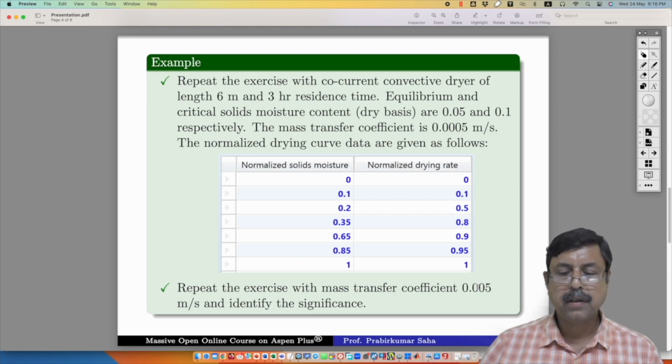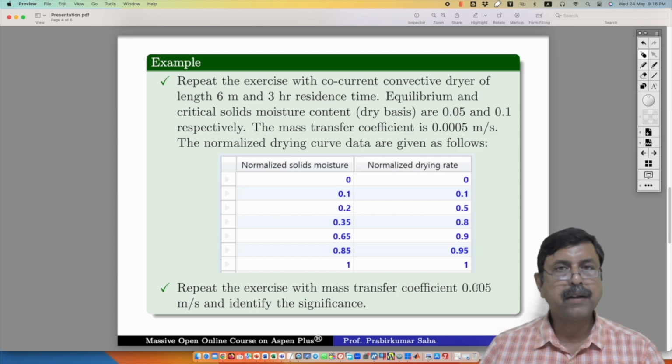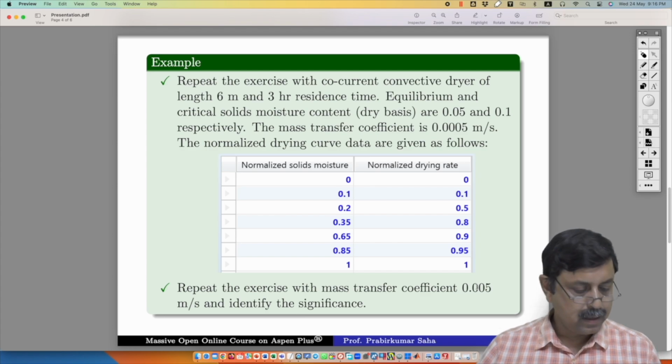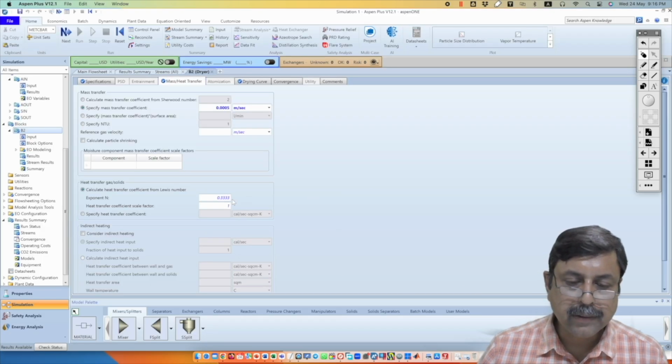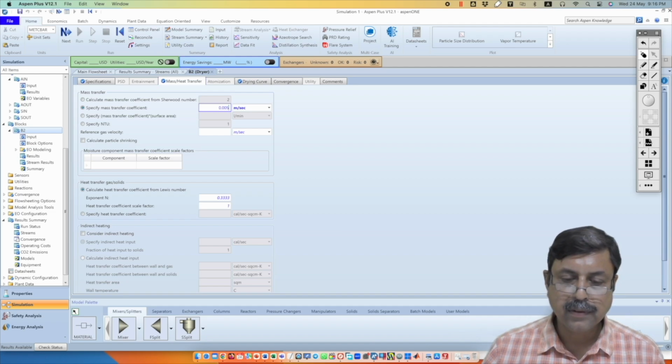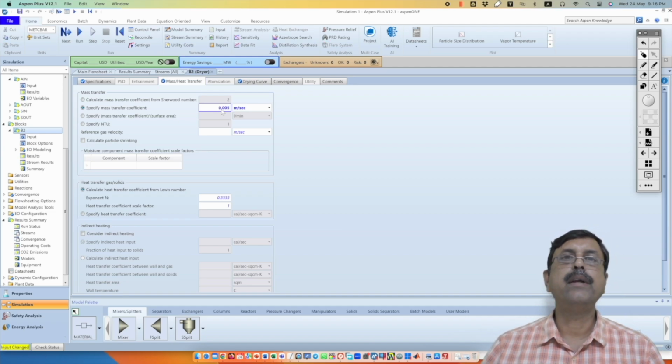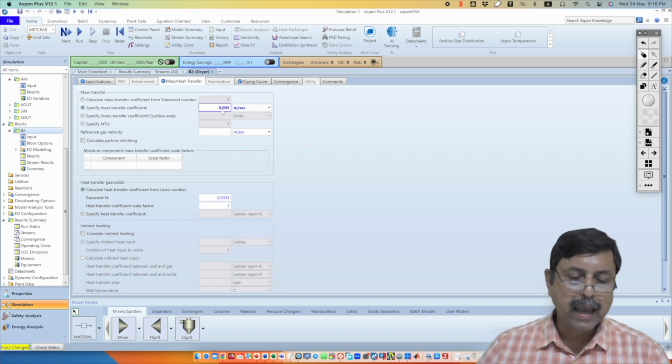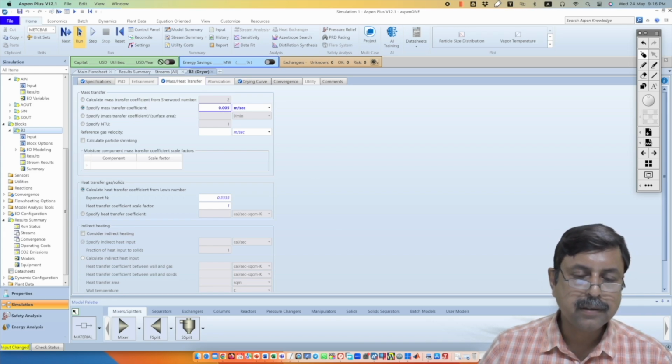I hope that with the increased mass transfer coefficient, our system will work better. Let us see how much better. So let us go to the mass transfer coefficient, 0.005, and run it.